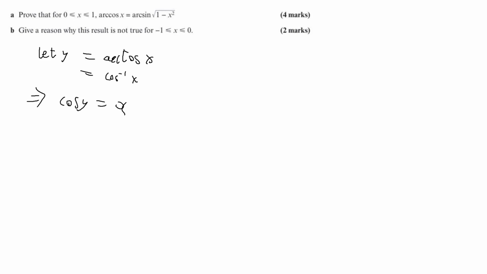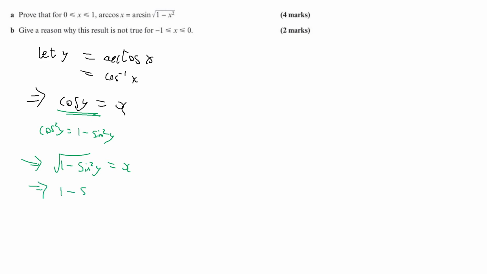Now we can manipulate this as a trig identity. Cos squared y is equal to 1 minus sine squared y. So therefore, the square root of 1 minus sine squared y is equal to x. And so what we can do is we can square both sides.